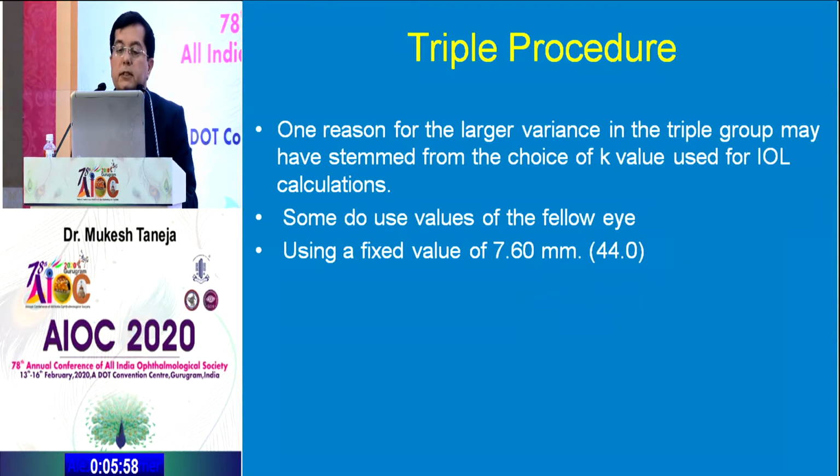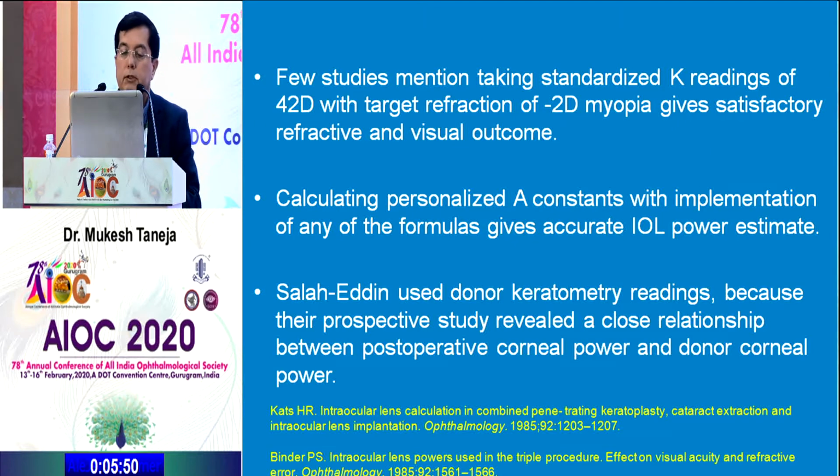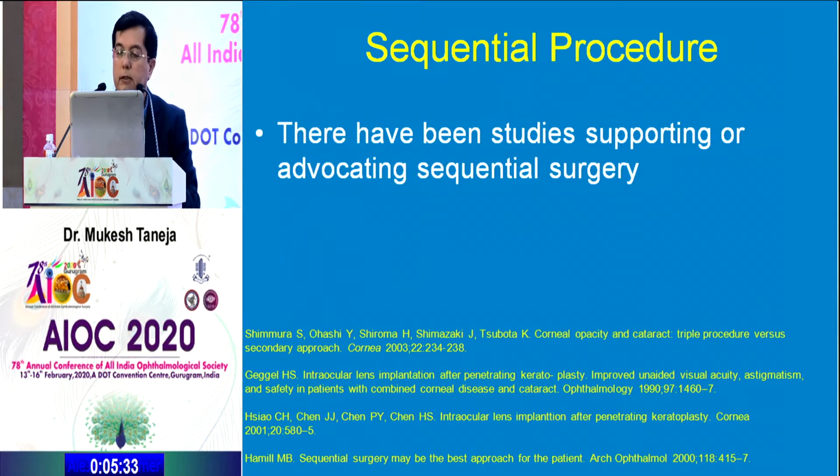So probably it is time that we look beyond a standard K and move further than the triple procedure. Some studies have actually used a pre-op K. When you go for an eye donation, you do a keratometry on the deceased person and use that K when you are doing an IOL power calculation.